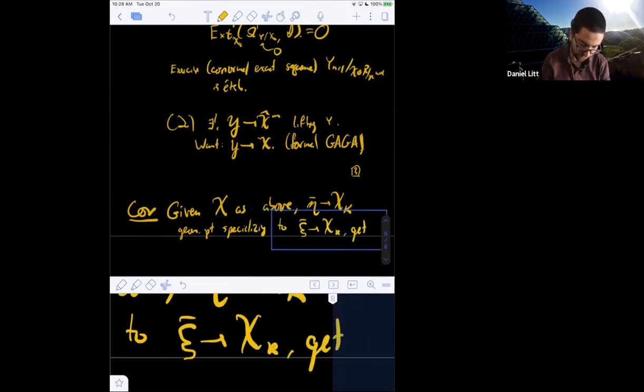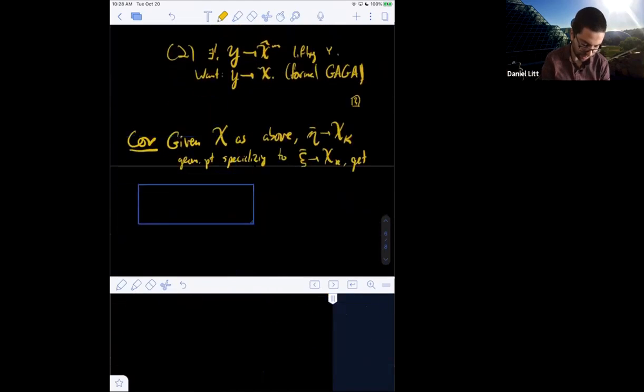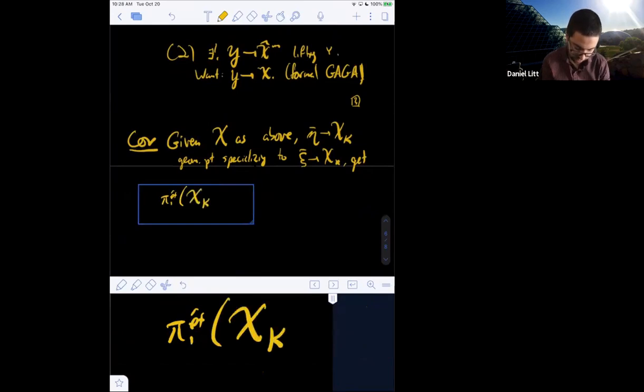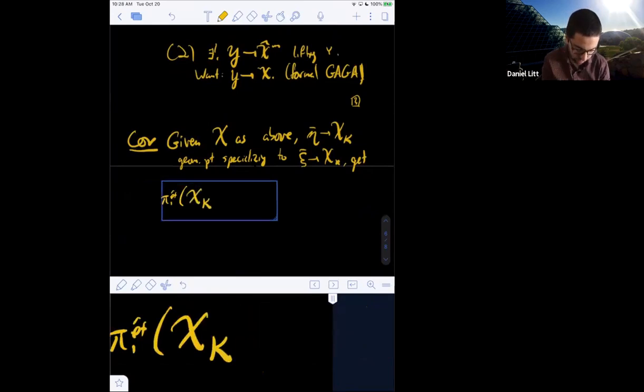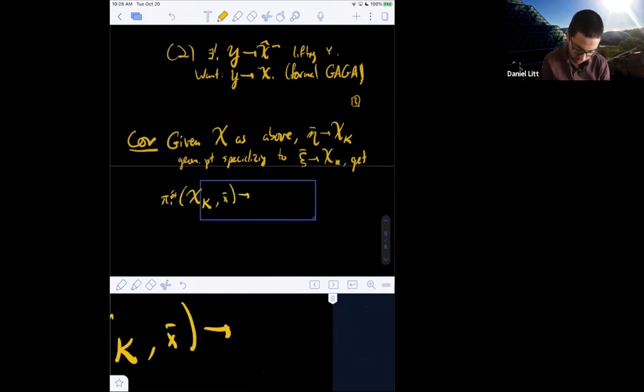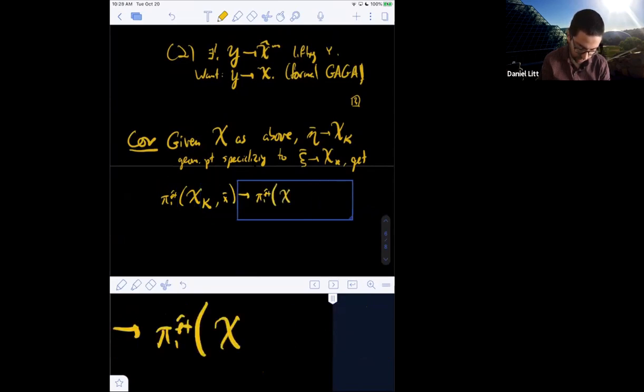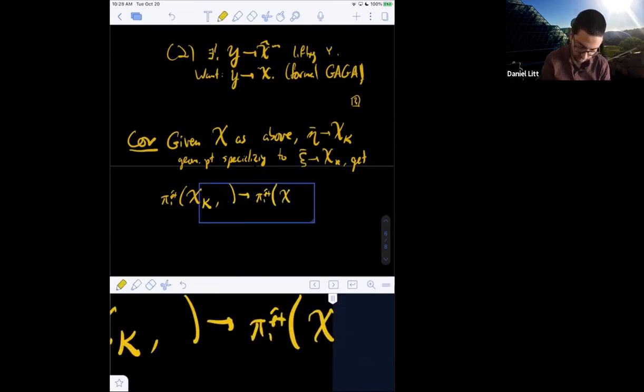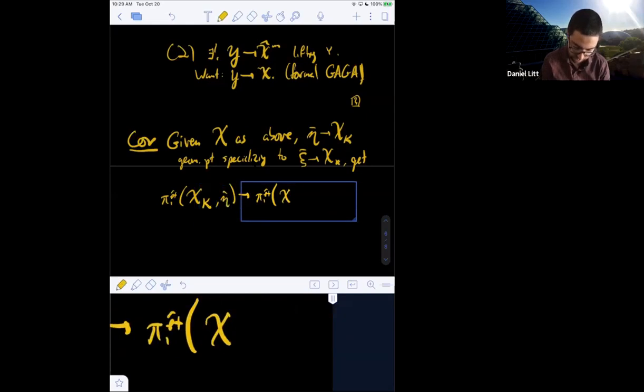We get a specialization map. So we get a map from pi1 étale of X_K at eta bar to pi1 étale of X, sorry, this is eta bar to X little k at C bar. Sorry, my C's are so bad.